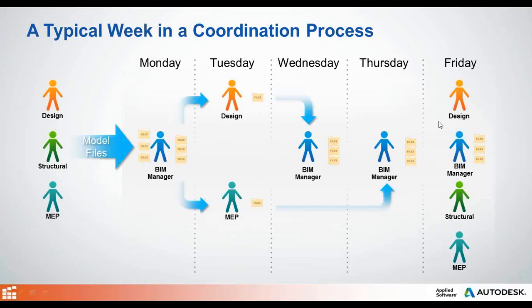Because we weren't really basing our changes off of one another, what we see typically here is, yeah, we got those 100 conflicts from Monday knocked out. But guess what? We created 50 more. So I really like to think of it as 2 steps forward, 1 step backward in the way we do coordination today. You're not basing changes off of one another. You're basing it off of a printout, and it's not real-time, constant communication between everyone on the project team.